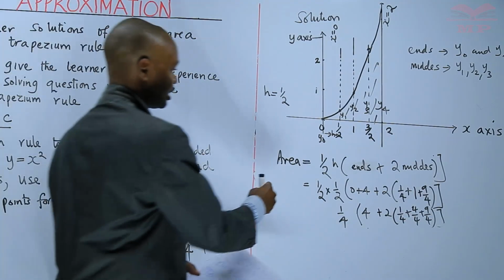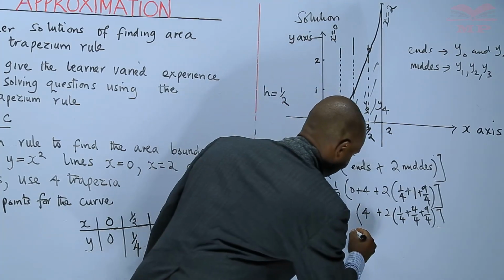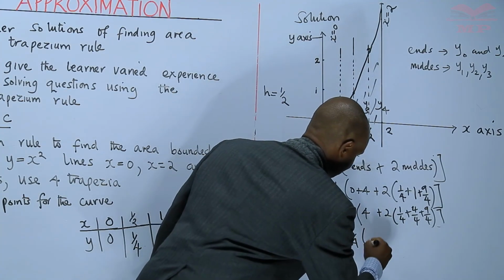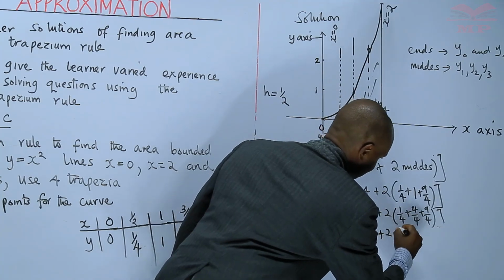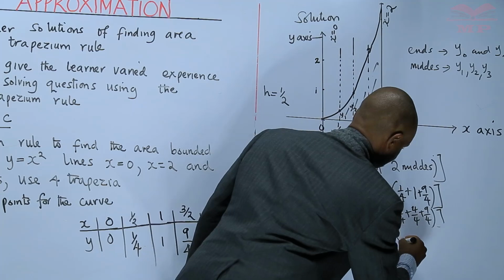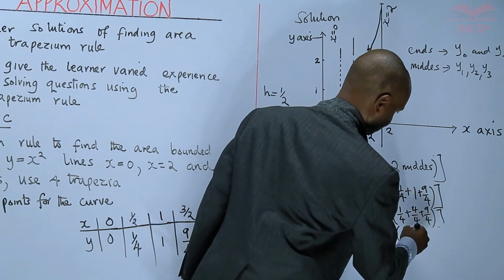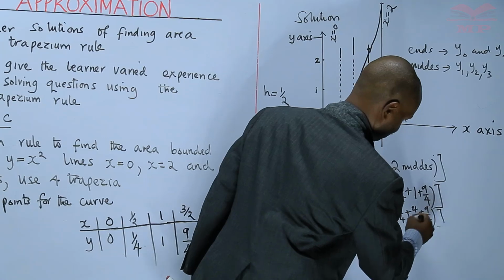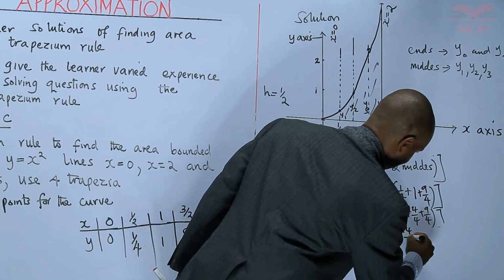So we had a half times a half, a quarter. So we remain with the quarter outside. 4, 2 into, we got 14 over 4.